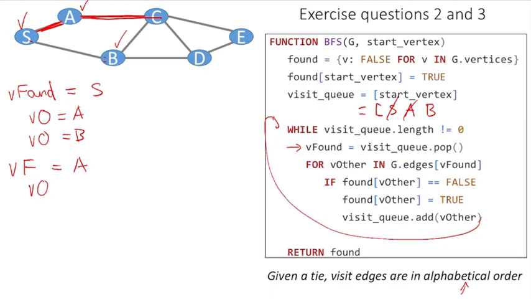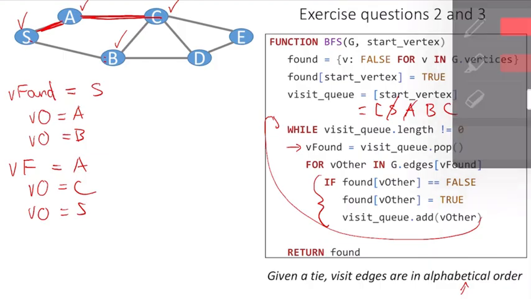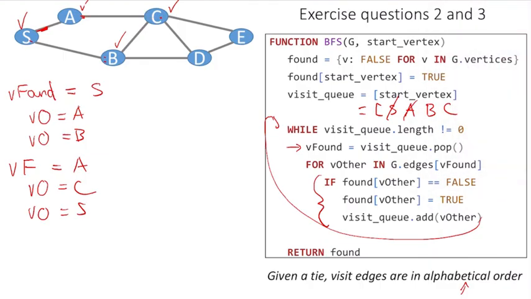So vOther is C. We check C off, and we add it to the queue. Now we have vOther is equal to S. And S has already been found, so there's nothing more that needs to be done. This if statement here is going to be false, and we'll skip over it. Well, that's everything for that iteration.